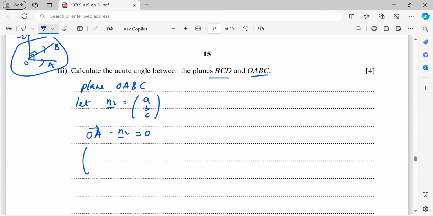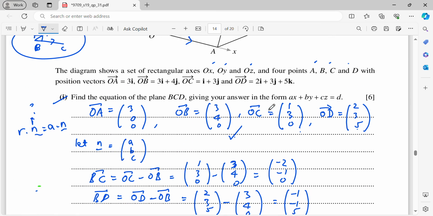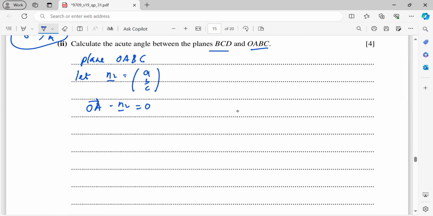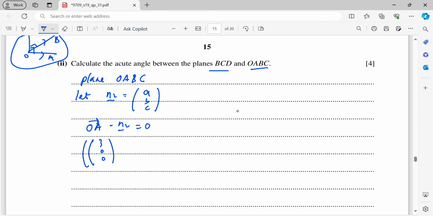Your OA from the previous working is (3, 0, 0) dot (a, b, c) equals 0. Therefore, 3a equals 0, so I know that my a is 0.